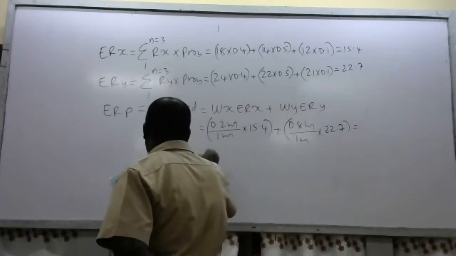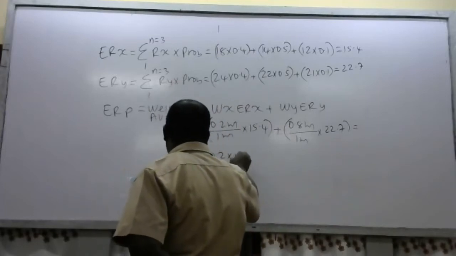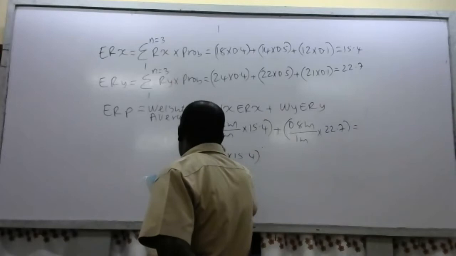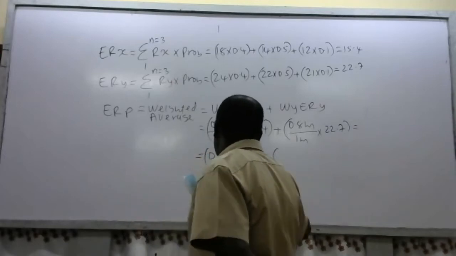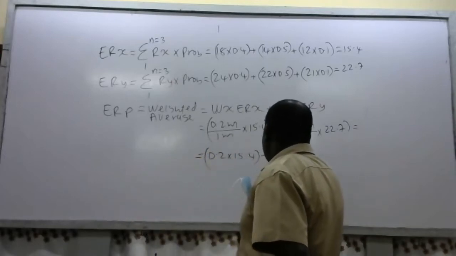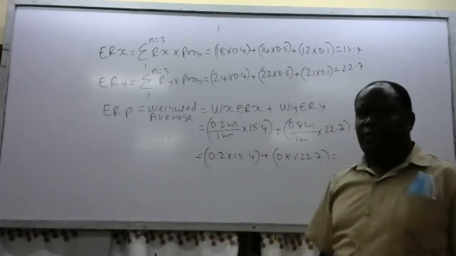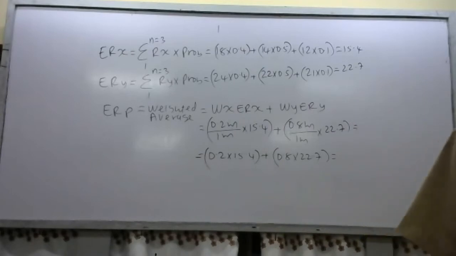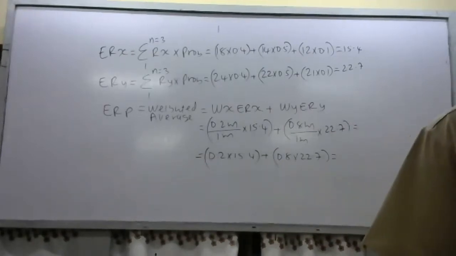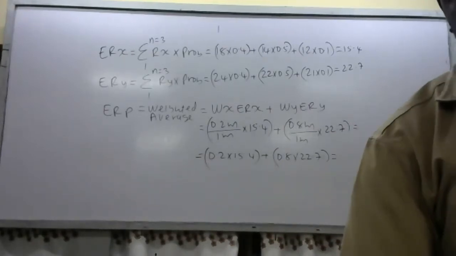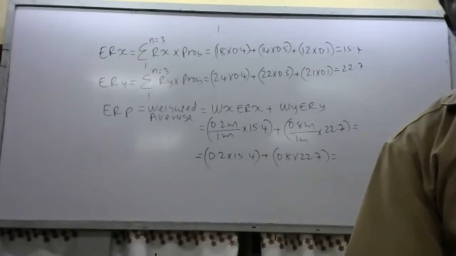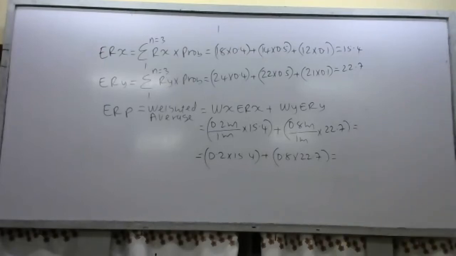Remember, this is the same as 0.2 multiplied by 15.4, plus 0.8 multiplied by 22.7. After getting the return for each, we combine them to give us the expected return for the portfolio.